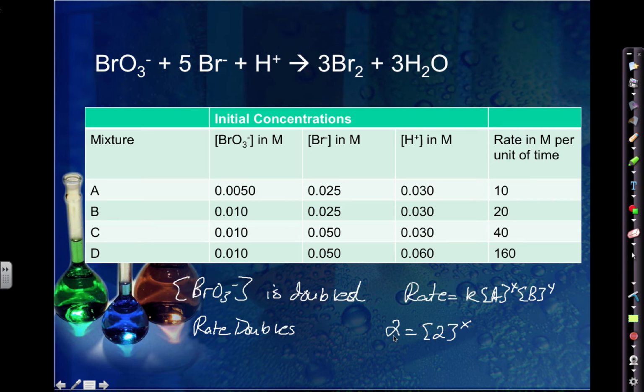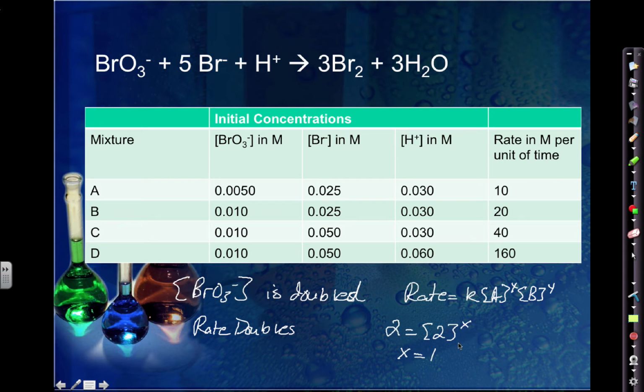Since my rate doubled when my concentration doubled, and I know that the concentration is taken to some power, I can simply figure out what this is. If it goes up by a factor of 2 on both sides, then x has to be a power of 1. These exponents are always going to be either 0, 1, 2, and 3 is as high as you will see them go.